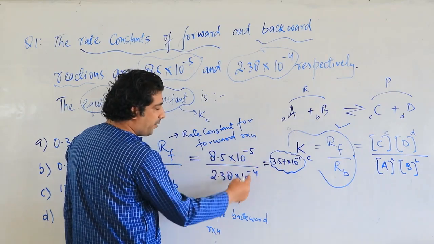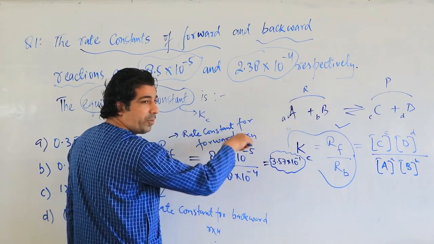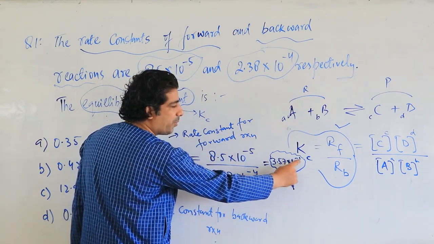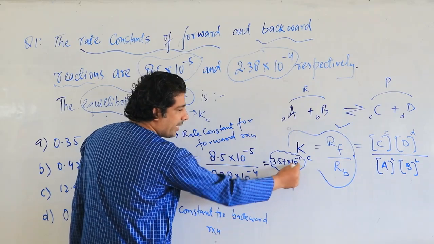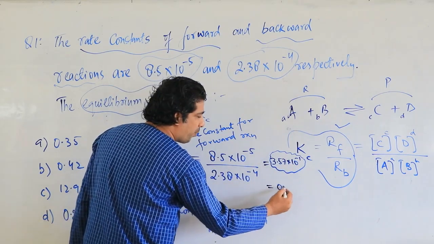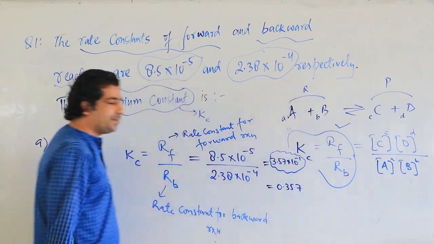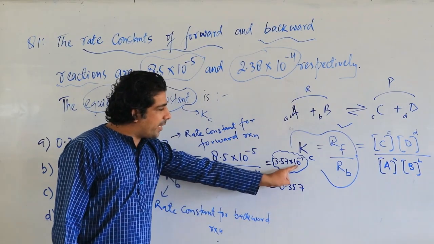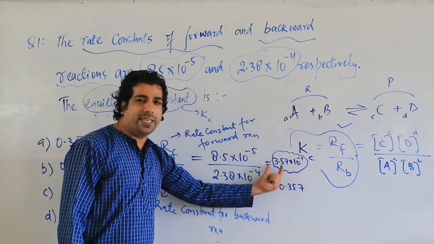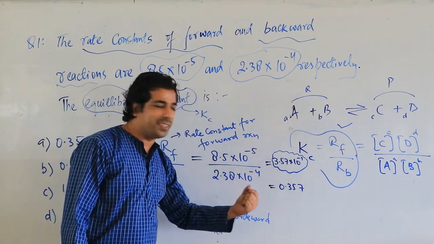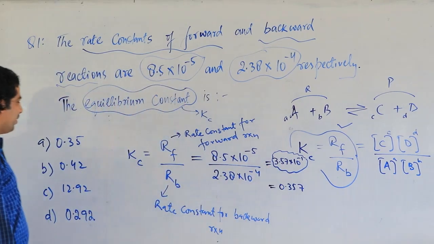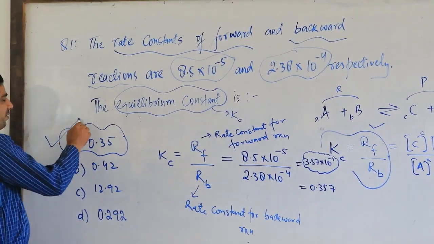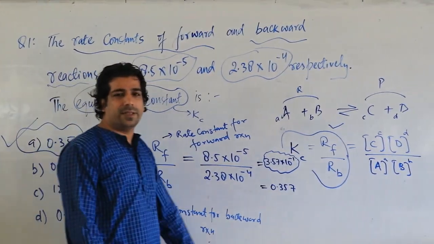You can take the 10 to the power minus 1 down as a division, so 3.57 divided by 10 will become 0.357 finally. Look here, out of all these options, this is the option which gives me the result. So the first one is the answer for our equilibrium constant.